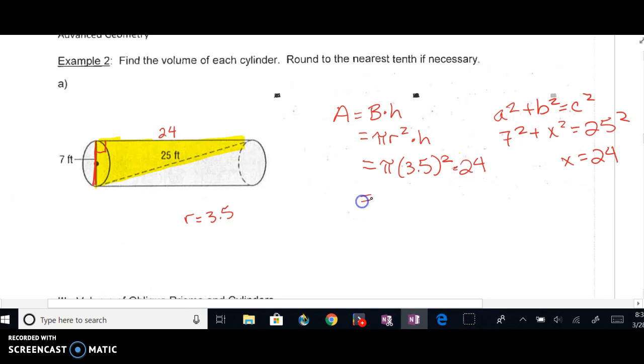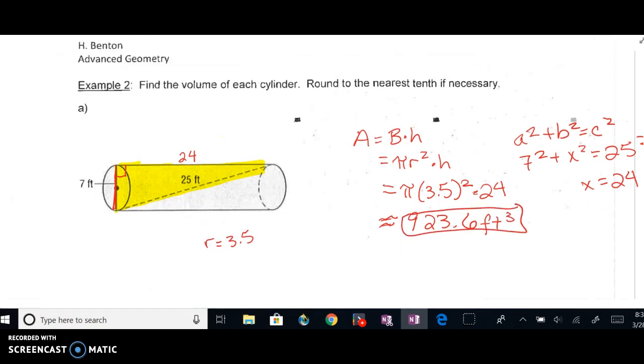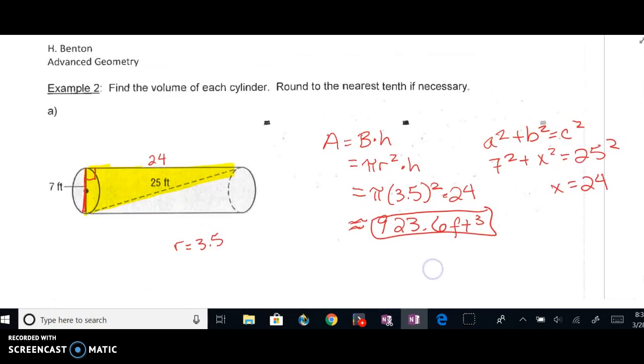Okay, we're going to put that in our calculator. It says to the nearest tenth, so I don't have to worry about putting it in terms of pi. So that is approximately 923.6 feet cubed. Okay, so we're going to pause here and you can pick up in the next video.